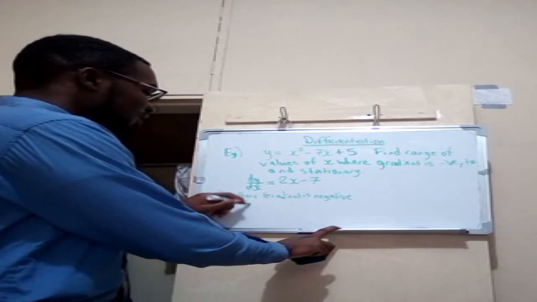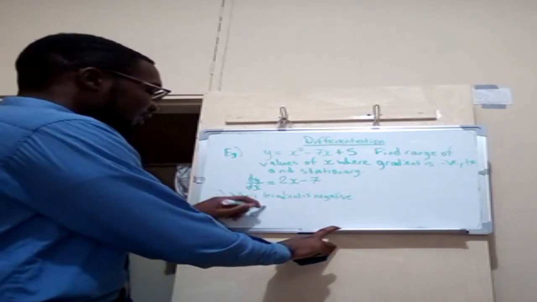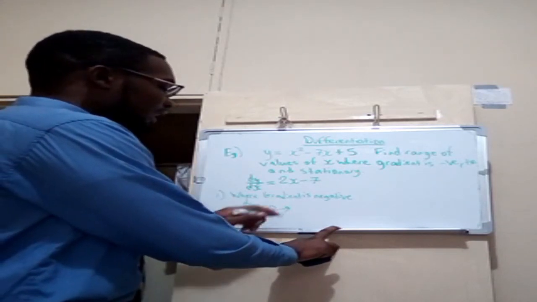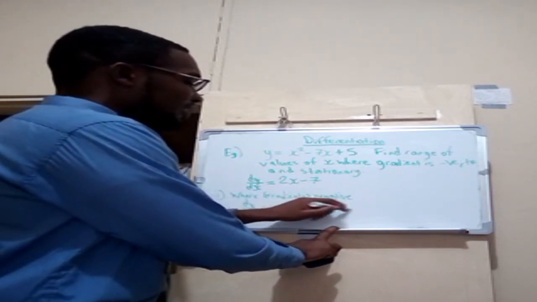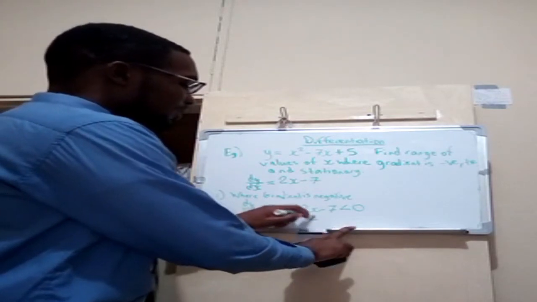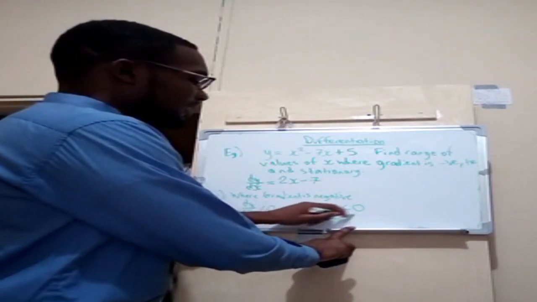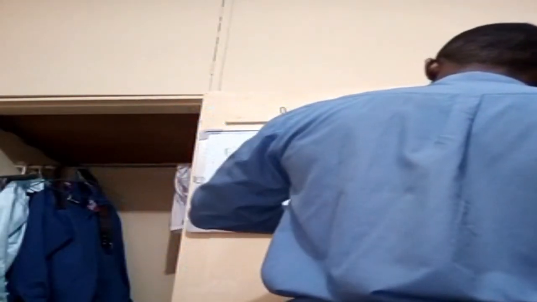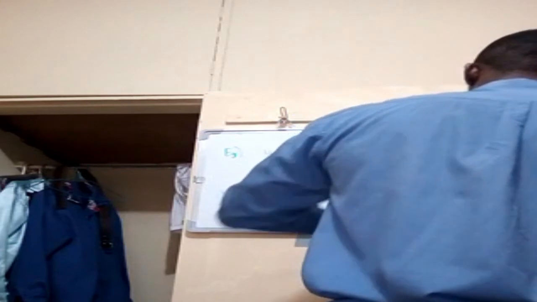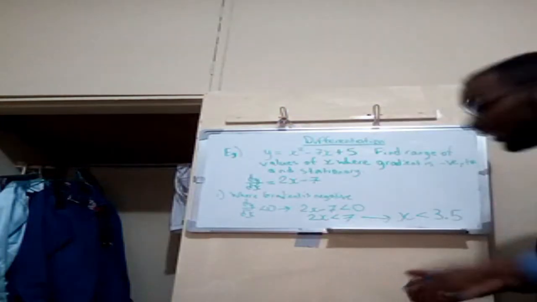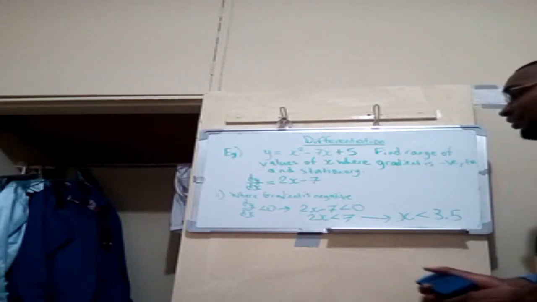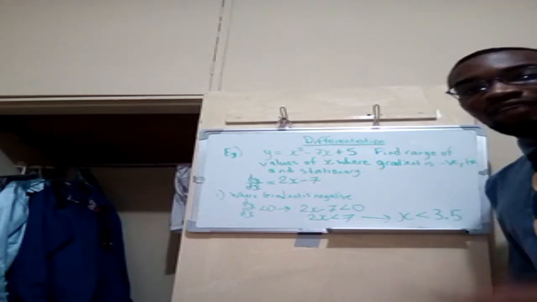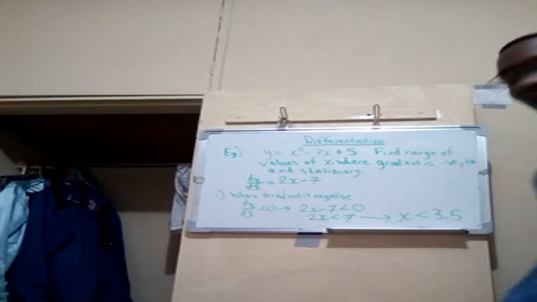So we're solving when 2x minus 7 is less than 0, which is whenever 2x is less than 7, which implies that x is less than 3.5. So for all x values less than 3.5, the gradient is negative.